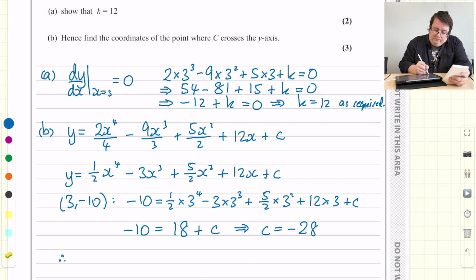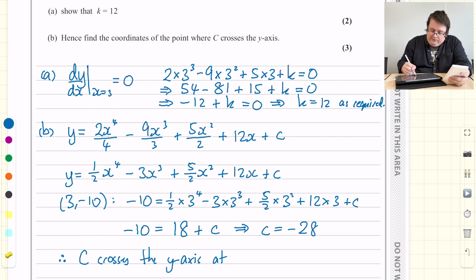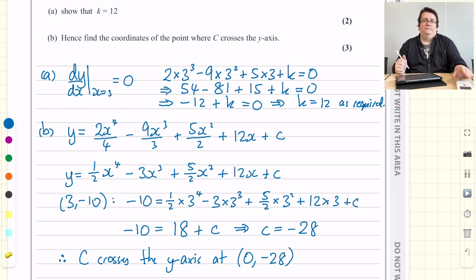So therefore, C crosses the y-axis at (0, -28). So this is question number 6.